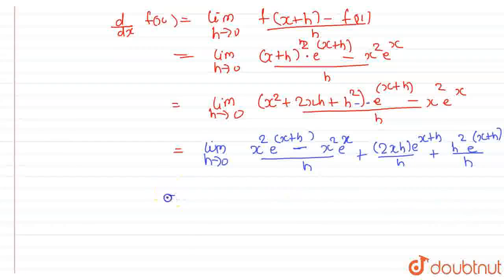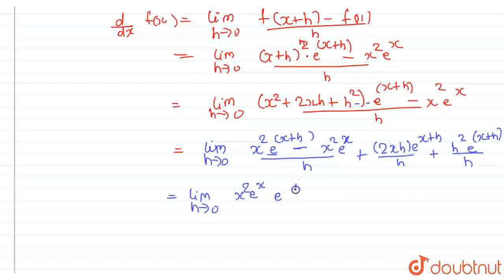So let's solve this. So I can write limit h tends to 0, and this function would be, if I take x square e to the power x common, we are left with e to the power h, right?